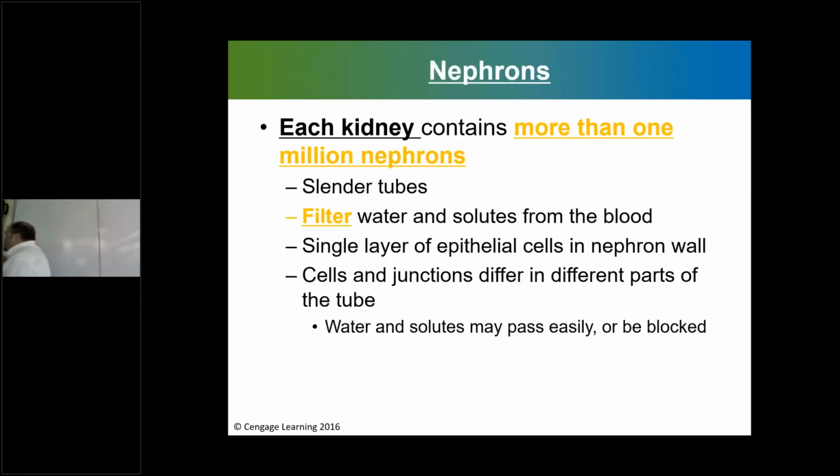Now, as far as on a microscopic level, nephrons, there are more than 1 million nephrons. These tiny structures, these tubular units, will allow for this filtration of the blood and producing this filtrate, which will become urine. Now, it's tubular. Let me show you guys here on campus.